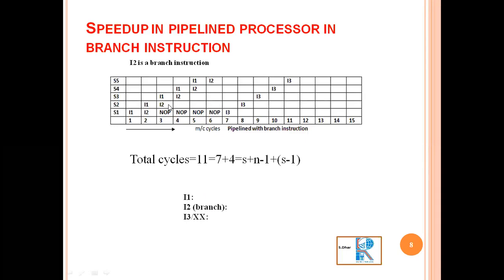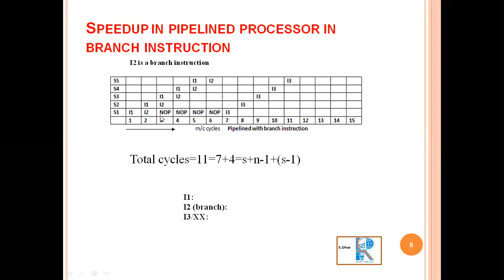Now if I3 starts here and I2 finds out that the next instruction is not I3, it is I4, then it has to discard all the instructions executed here or here. Clear? Again I repeat, if it finds after completion of the branch instruction I2 that the next instruction is not I3 but some other instruction, I4, I5, I6, then it has to discard or flush out all the instructions following I2.